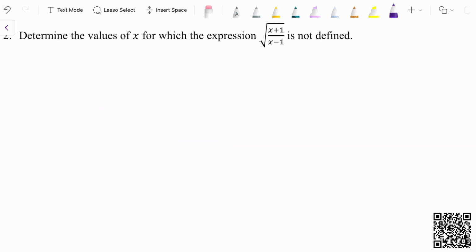Moving on to problem number 2, determine the values of x for which the expression is not defined. So basically, there are two circumstances under which this expression would be undefined. Either the inside of the radical is negative, or the bottom, aka the denominator, is equal to 0.